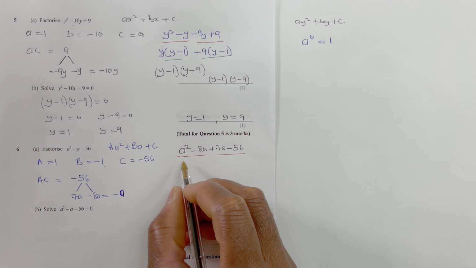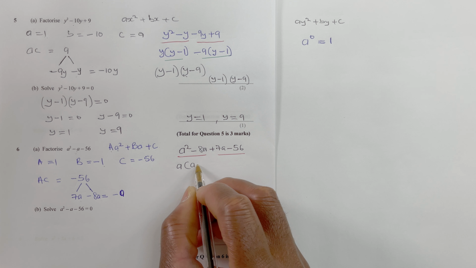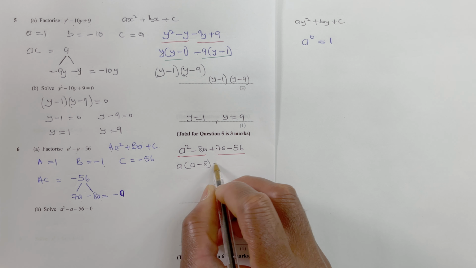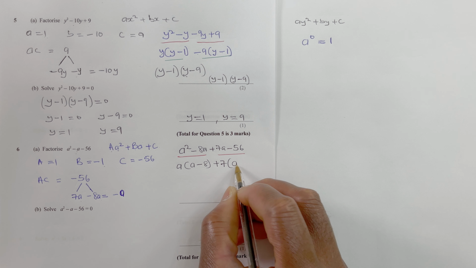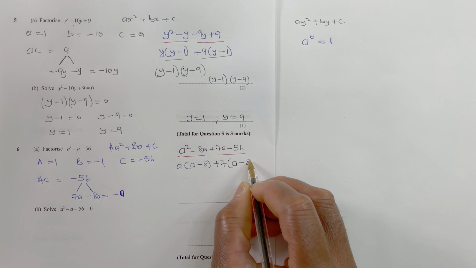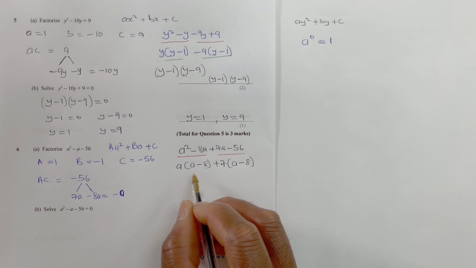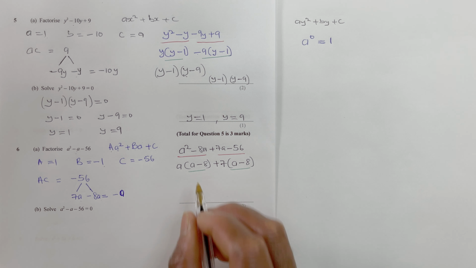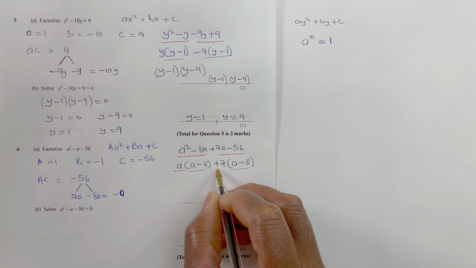So I need to basically write the factor out, A minus 8 plus 7 into bracket A minus 8. Again, you can see these two are the same. That means I'm doing it well. And what's left is A and plus 7.